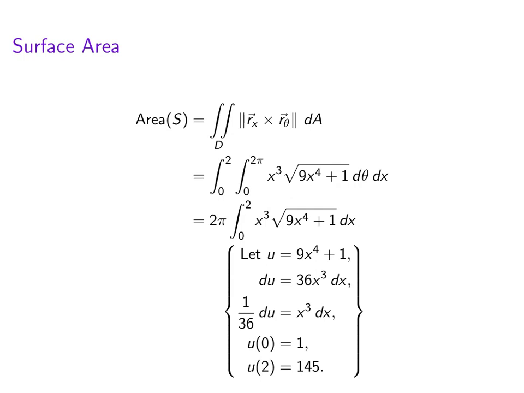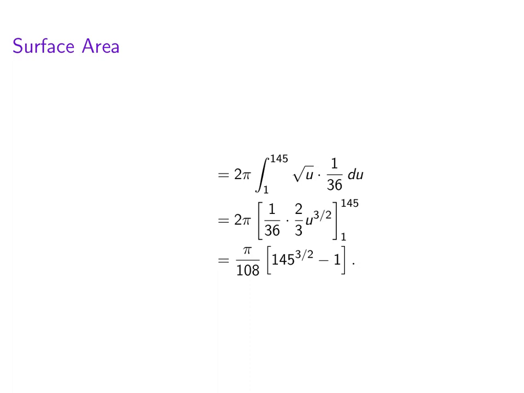We'll change the limits of integration by plugging the 0 and the 2 back into the u. And we end up with a fairly nice integral like this. The number's a little bit messy, but the computation is fairly straightforward, and we end up with pi over 108 times 145 to the 3/2 power minus 1.